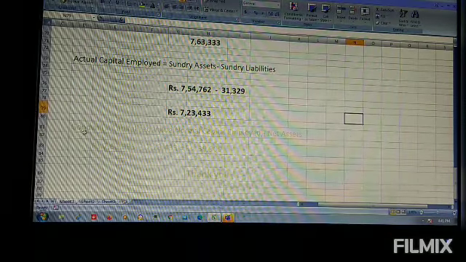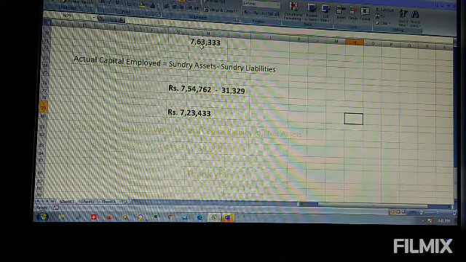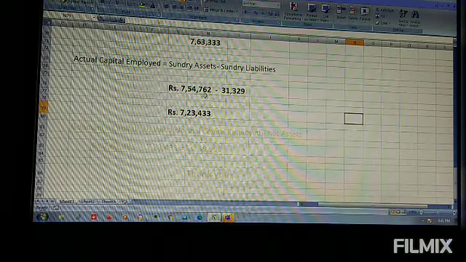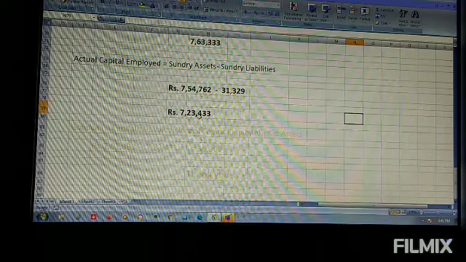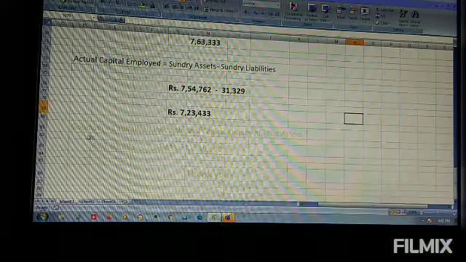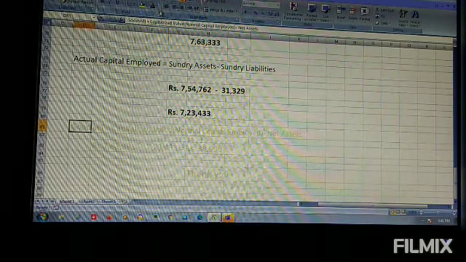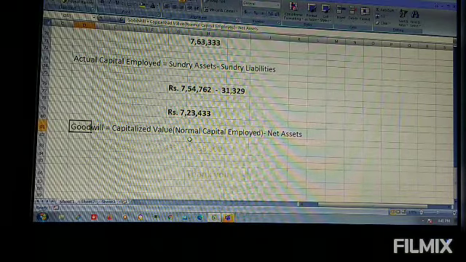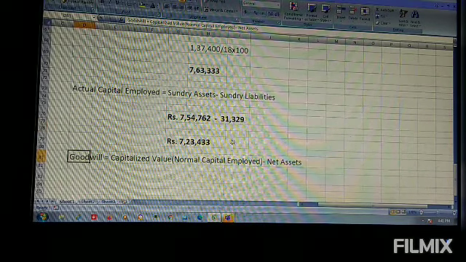So now we'll find out goodwill. Goodwill equals capitalized value, that is normal capital employed, minus net assets.